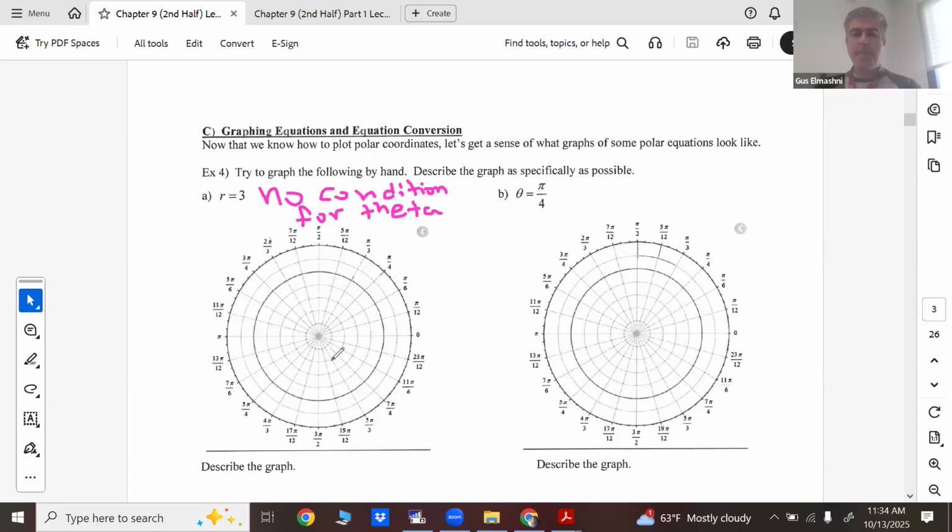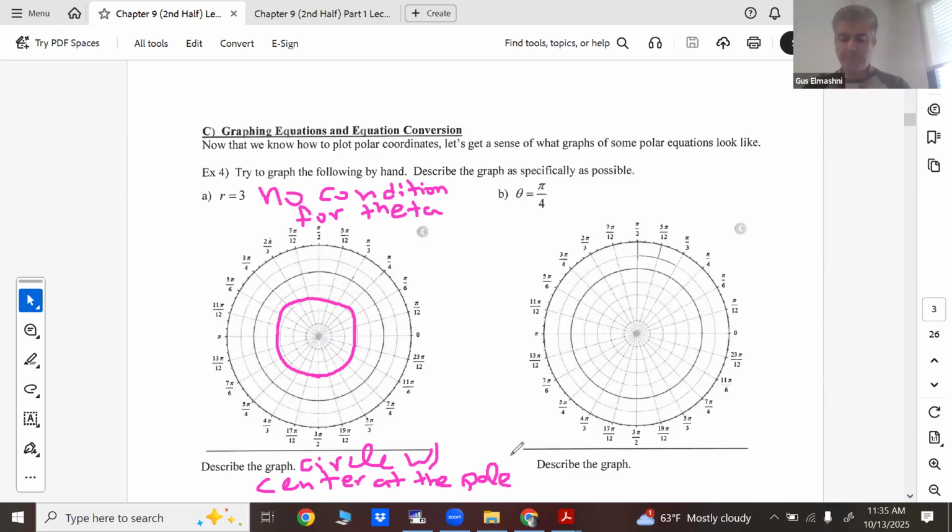So how do you think I'm going to draw that? What do you guys think I should do? A radius 3. That's it. That's your graph. Just a circle. That's it. So theta could be whatever. Clearly, that's a circle with a center at the pole.